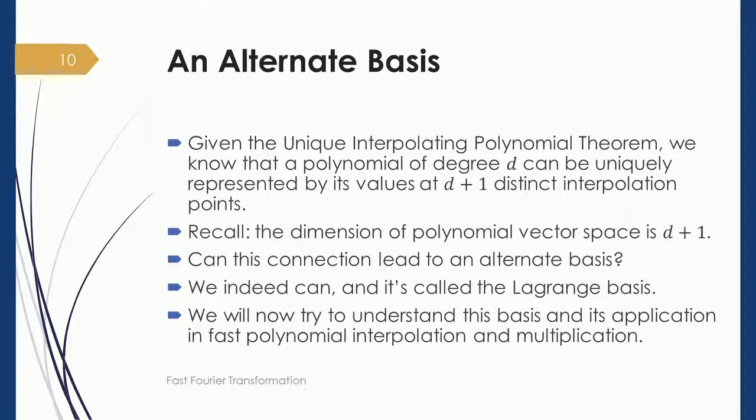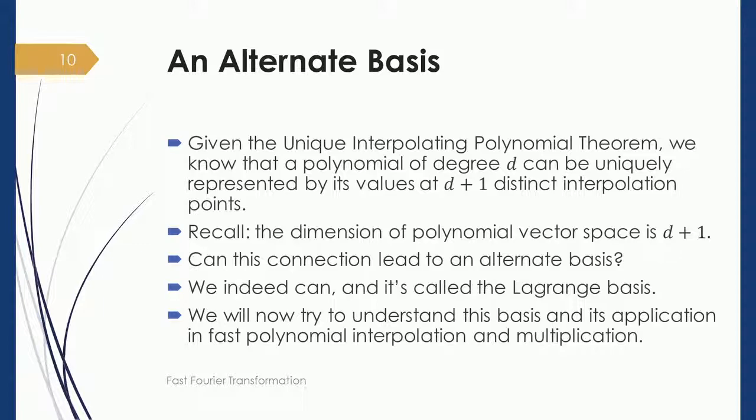So, let us take stock of what we have seen so far. We have seen that the set of all polynomials of degree bounded from above by d form a vector space of dimension d plus 1, and we have also seen that a polynomial of degree d can be uniquely represented by its values at d plus 1 distinct interpolation points.